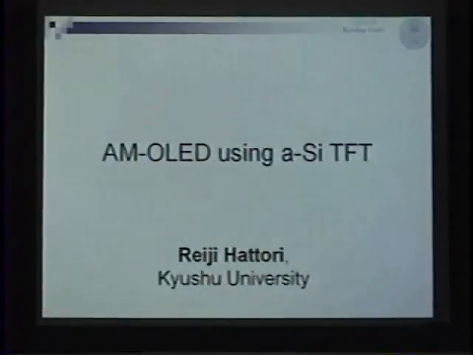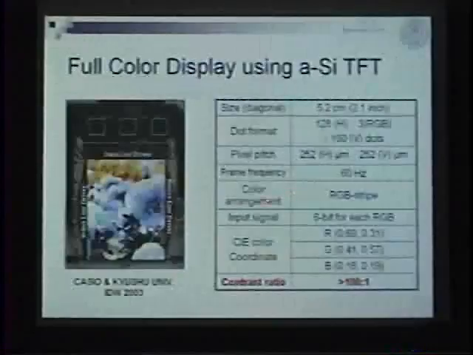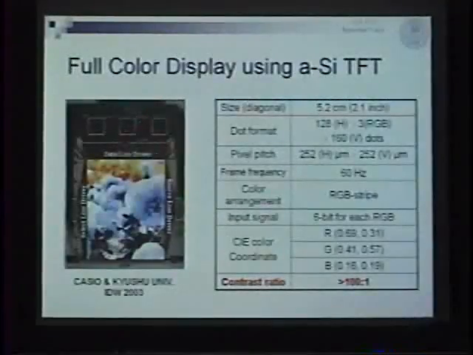Next, please. Next, I'll show you the AM OLED using the amorphous silicon TFTs we developed. This is a picture of the display we developed, and it was presented at IDW 2003.